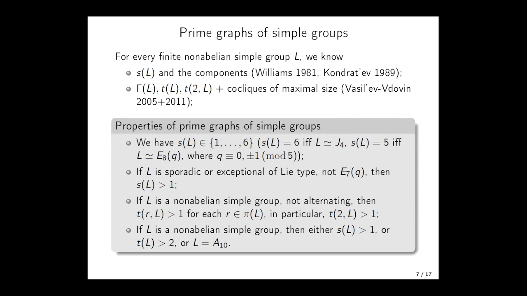And for every non-abelian simple group, we have that either the graph is disconnected or there are at least 3 pairwise non-adjacent vertices, excluding the case when L is isomorphic to the alternating group on 10 elements. In that case, the graph is connected and the independence number equals 2.